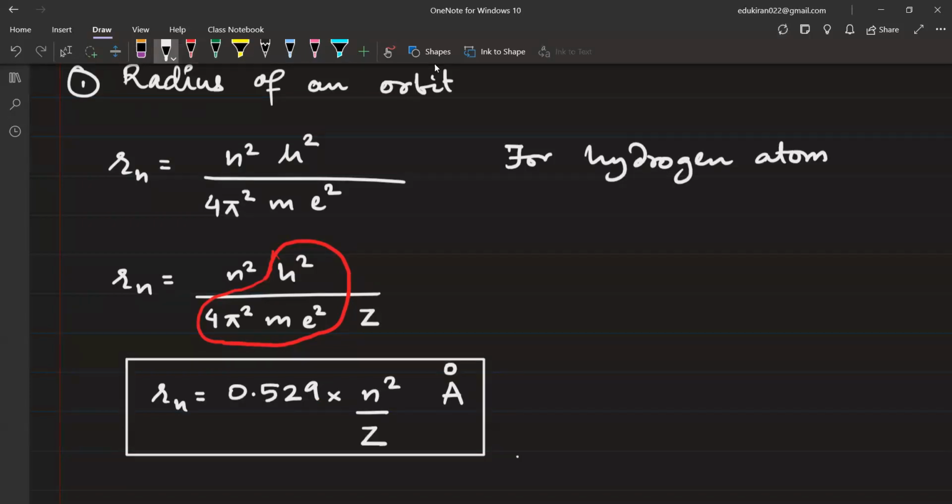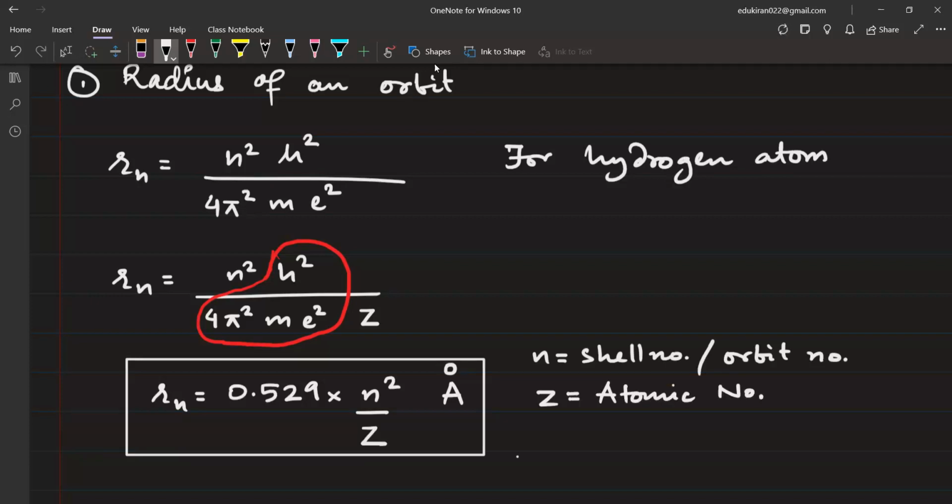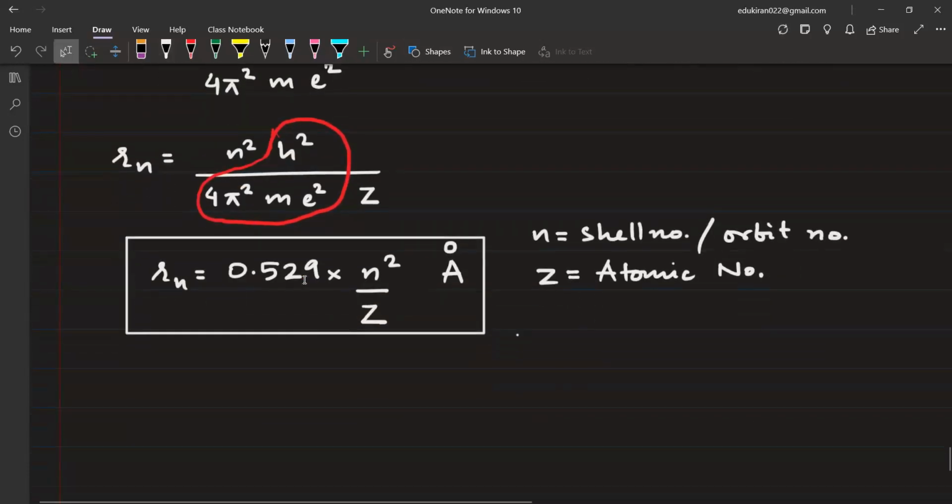Now what is n here? n is the shell number or the orbit number. What is Z? Z is the atomic number. Is this clear? Yes or no? Please tell me. छोटा फॉर्मूला याद कर लेंगे, हाँ या ना? Yes, sir.